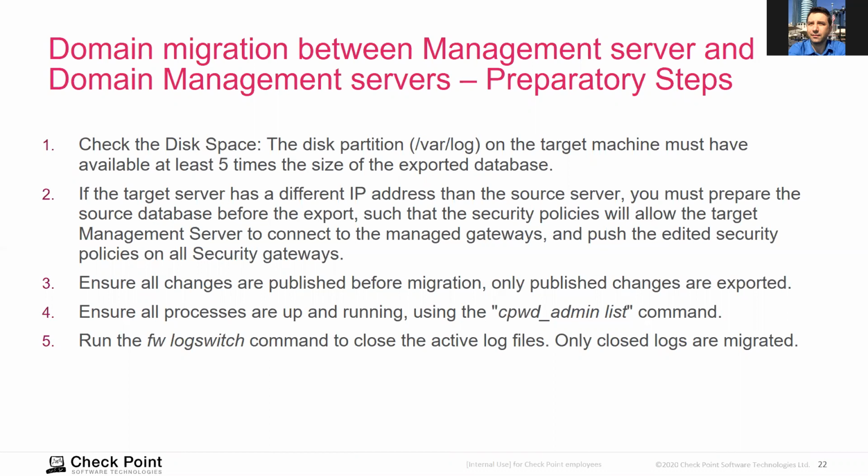So when we're going to do this, we have to have a number of preparatory steps. Of course, make sure that the partition on the target machine has enough space to allow the export file to be uncompressed and installed. So the rule of thumb is to have at least 5 times the size of the exported file.